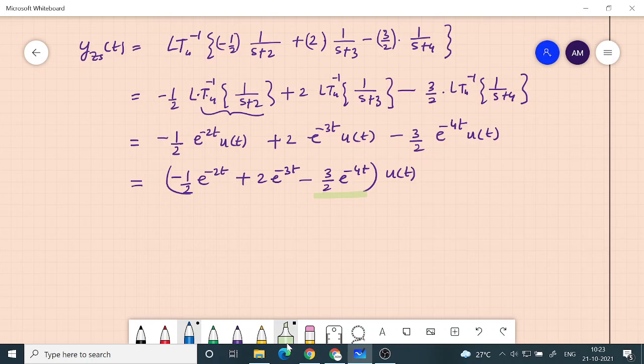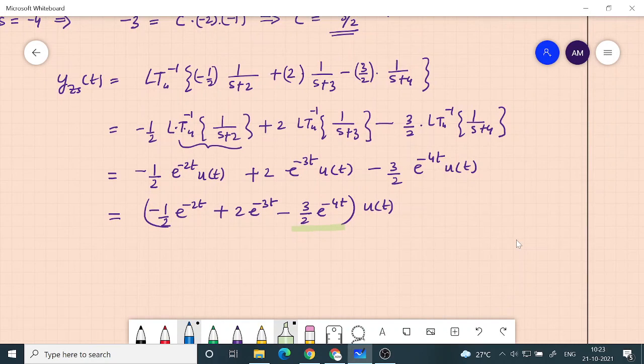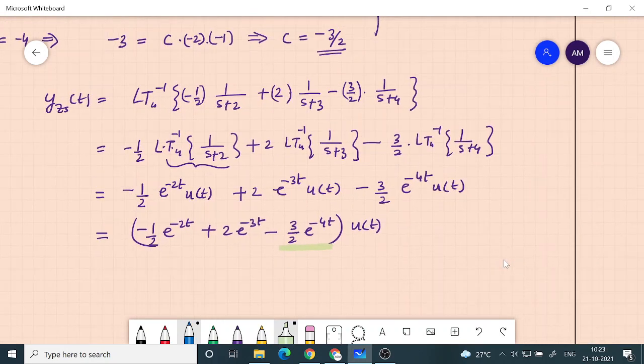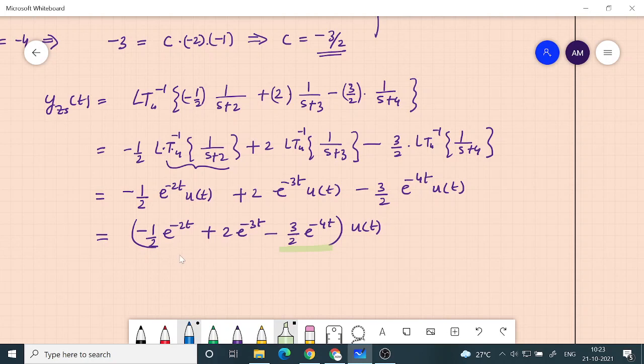So the first two terms come from that, and they are the kind of terms that are present in the zero input response also. In the zero input response, we had the first two terms.